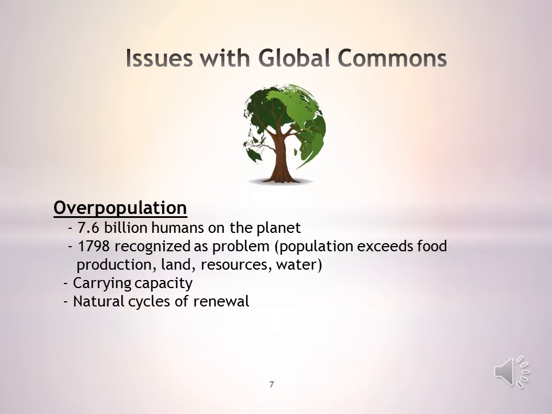Somewhat related to that is the interruption that humans have made into the natural process or cycle of renewal. If you think about a forest, you have some trees that are older, you have some trees that are diseased, and you have some trees that are young and healthy, but there's only so much space.